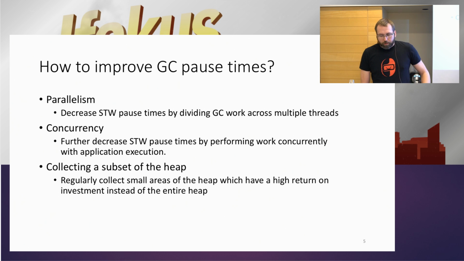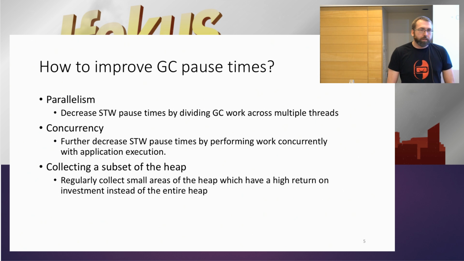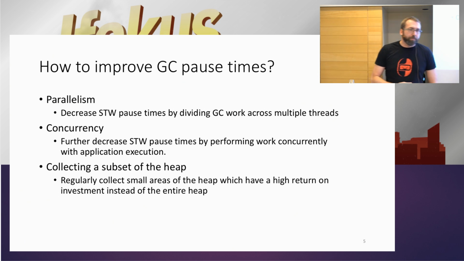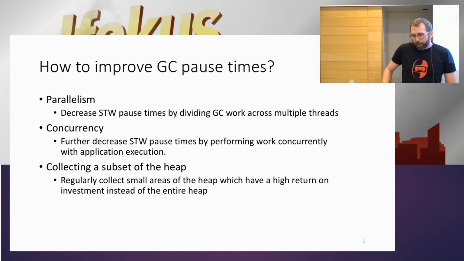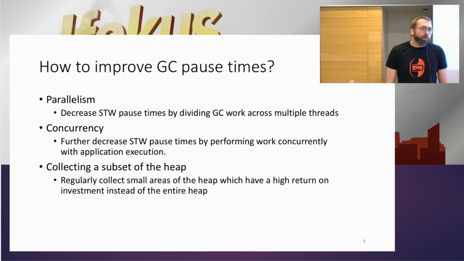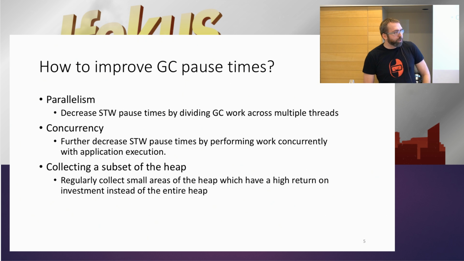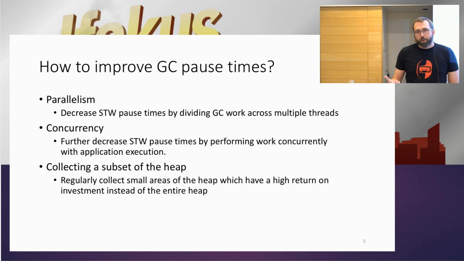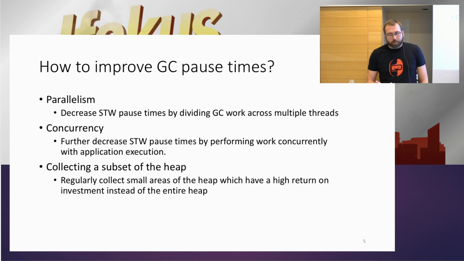So the first big one is parallelism. All the GCs in every major VM have parallel collections, so I'm not going to talk too much about that. Concurrency is a big one. Probably 10 or 15 years ago, a lot of the global collections added in concurrent mark sweep. That really improved pause times for the average case, but it still wasn't great for performance, and you still had some fairly large pauses.